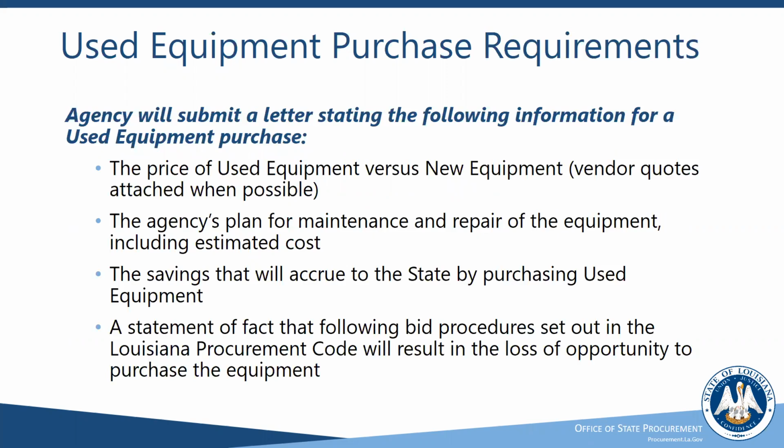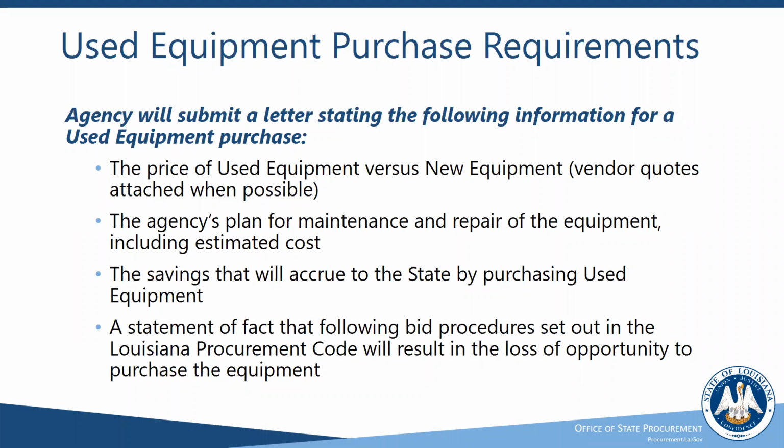So how does an agency go about submitting a used equipment purchase to OSP for approval? Along with your shopping cart, you will need to submit all 4 of the bullets that are listed on the slide. The agency will submit a letter stating the following information for used equipment. It'll state the price of used equipment versus new equipment, and then attach quotes whenever possible.